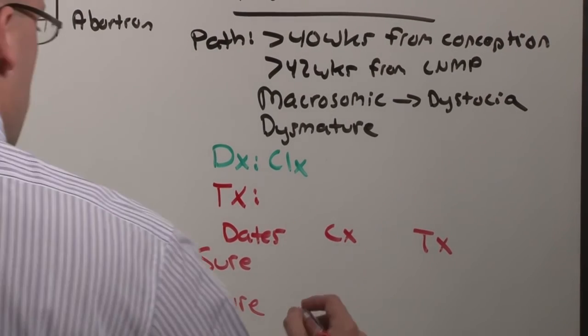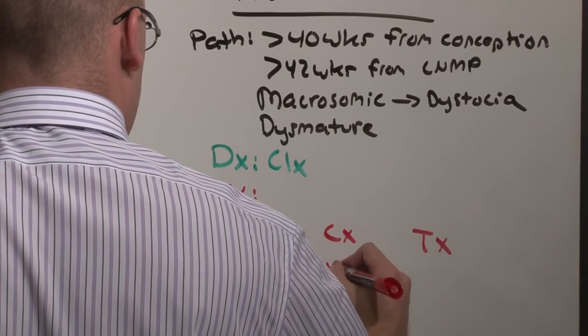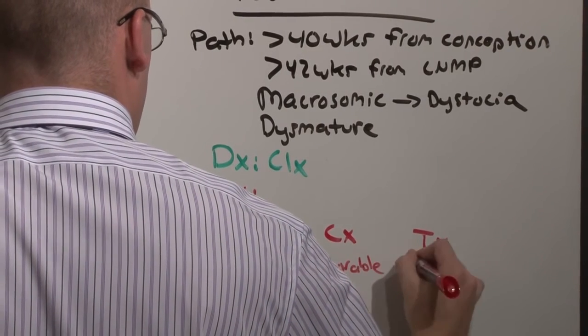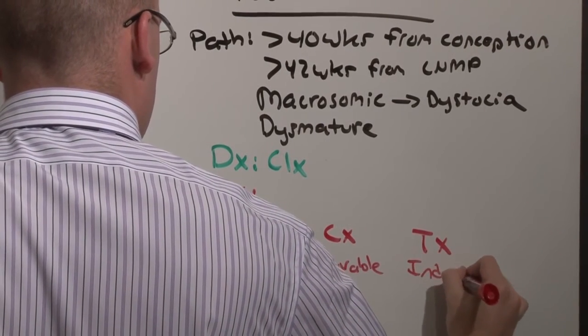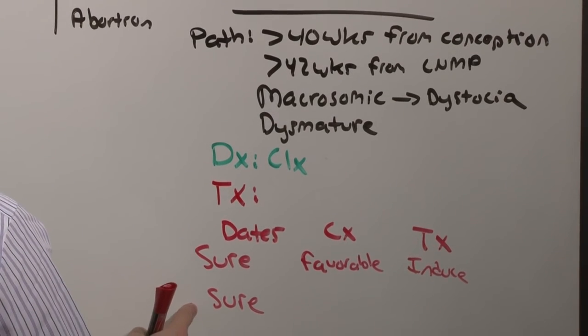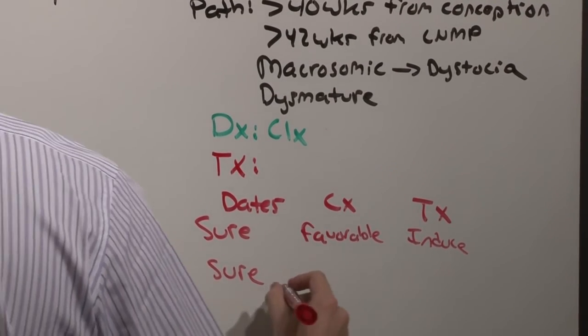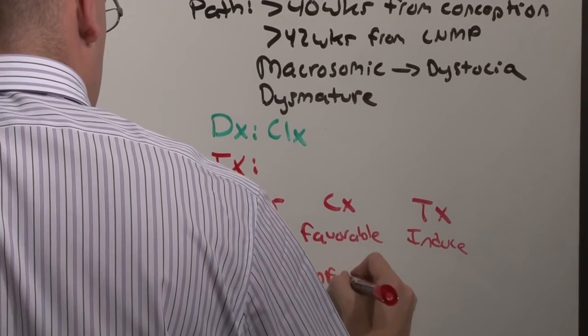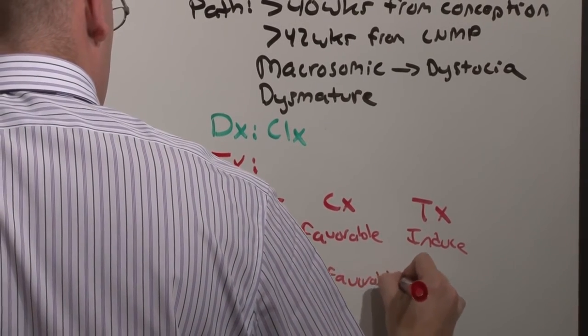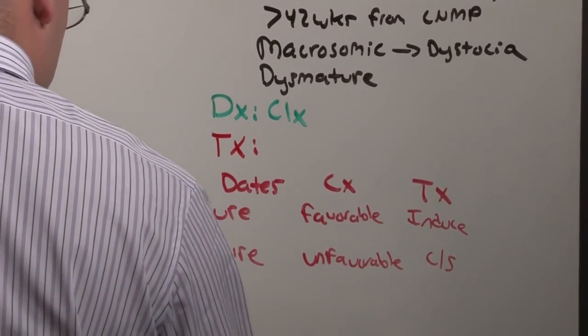If mom has a cervix that is favorable, that is, she's ready to deliver, you can induce with Pitocin. But if you're sure that baby is post-dates and mom is not ready, then you go to C-section.